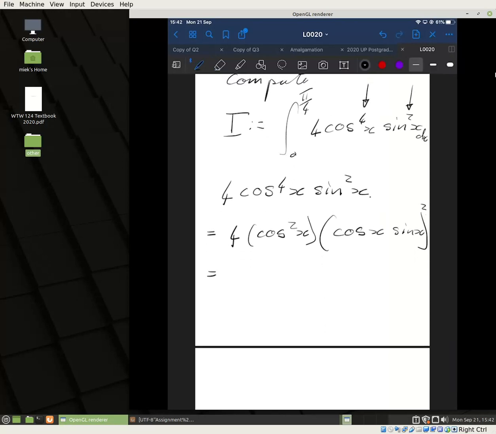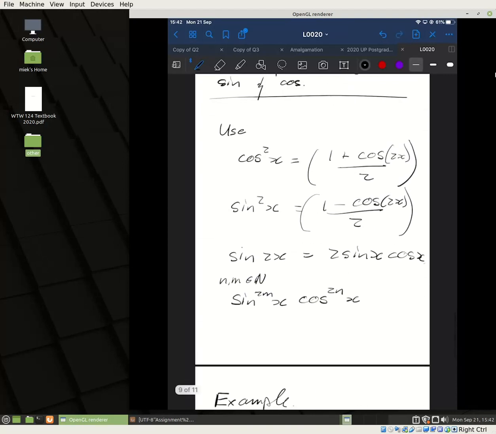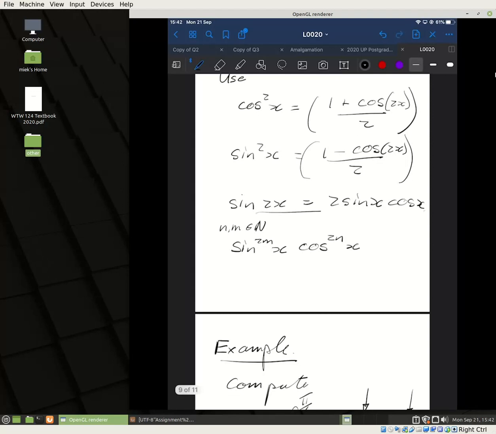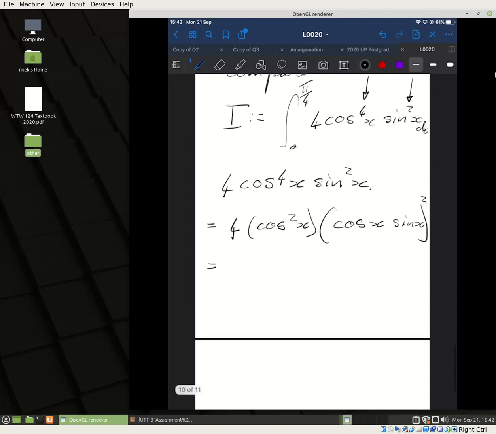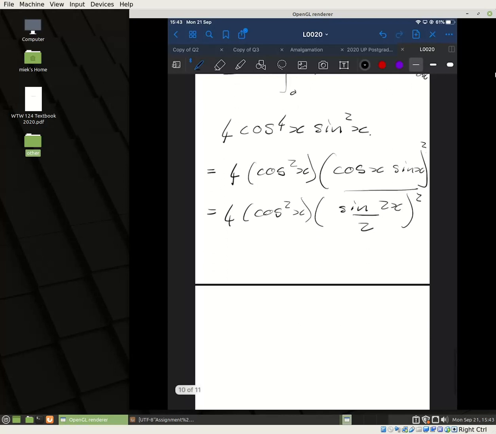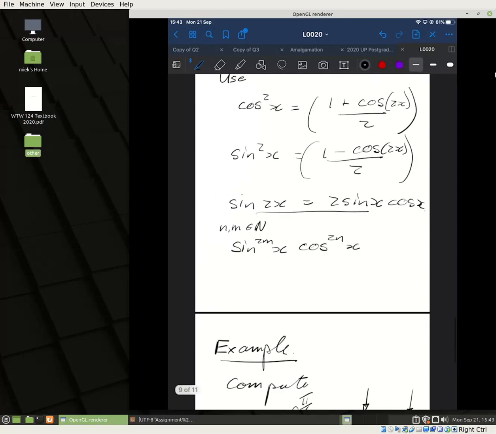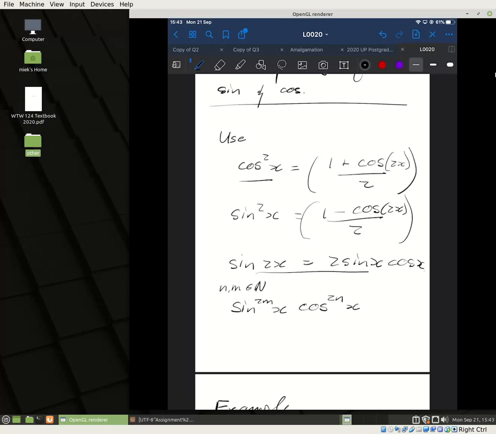Okay, and now we apply our identities that we had before. So let us apply this identity to this factor, so that is cosine squared x, and this then becomes sine of 2x over 2 squared. Okay, and let us apply one of our identities there, so this one.